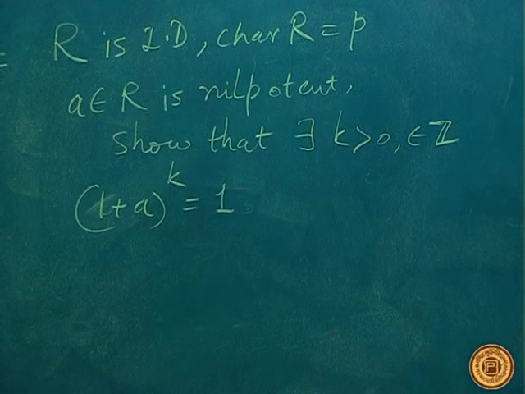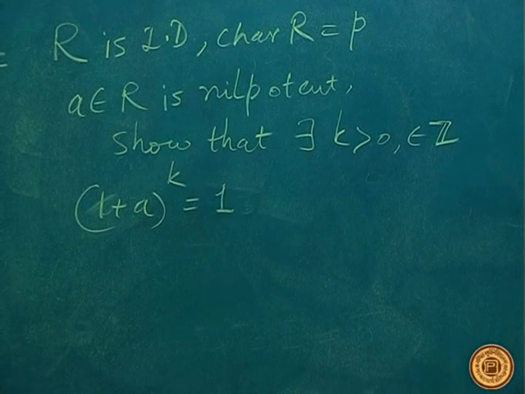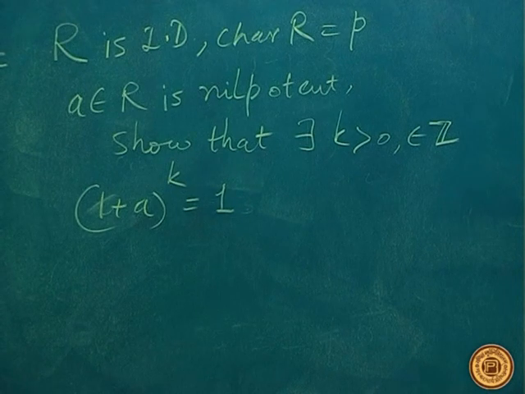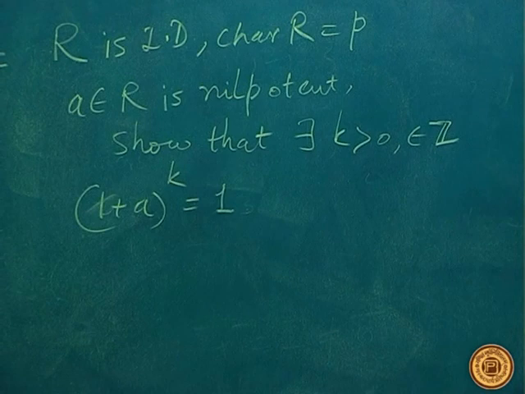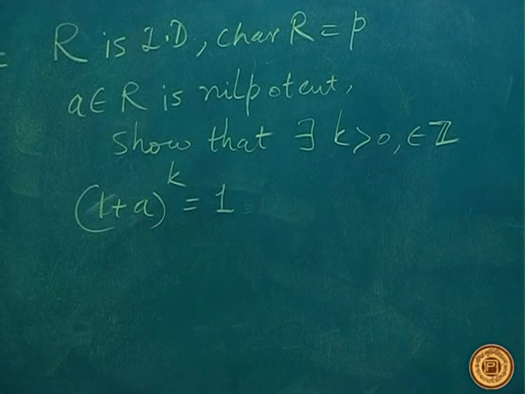Should consult that. A nilpotent element is one which raised to some positive power will give you 0. But R is an integral domain, so it is not supposed to have divisors of 0. It should not have divisors.